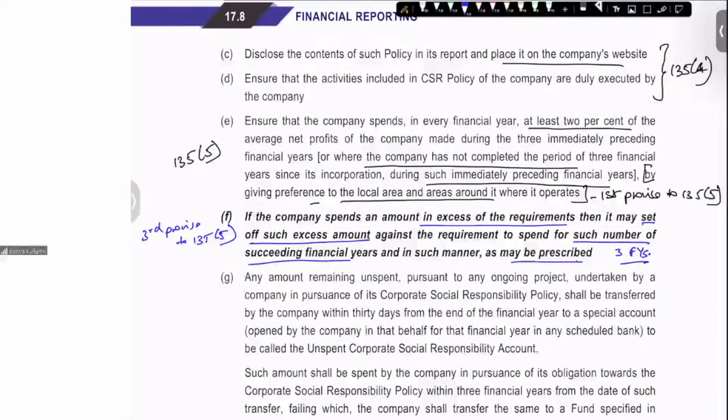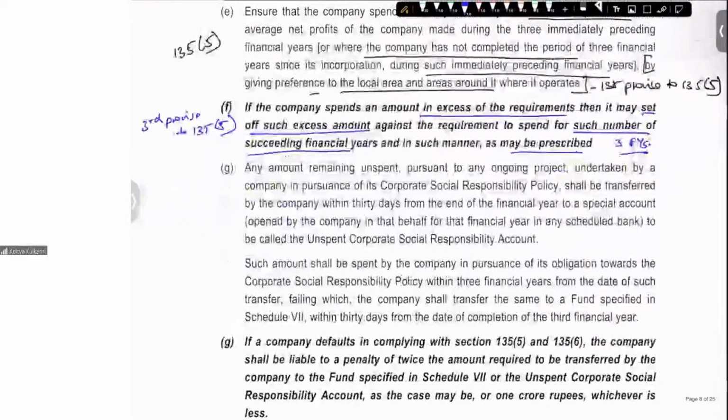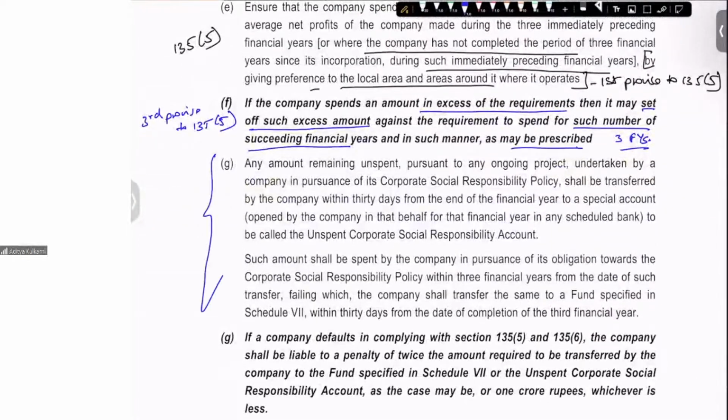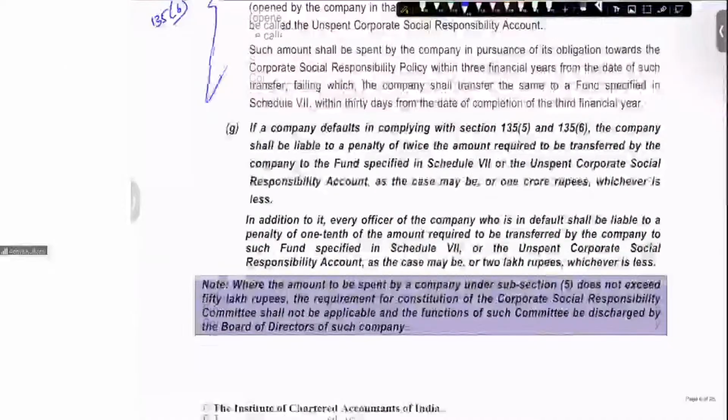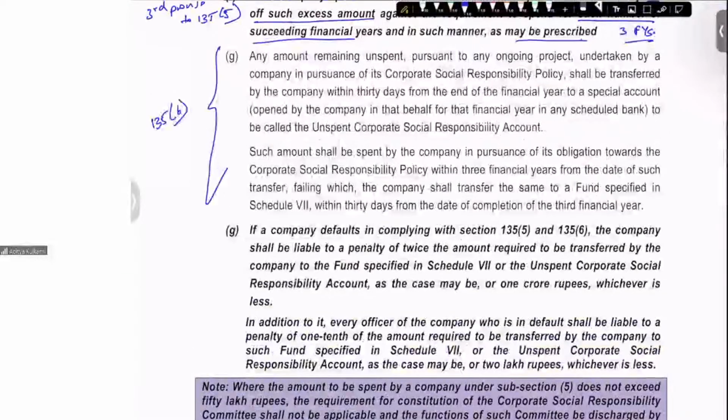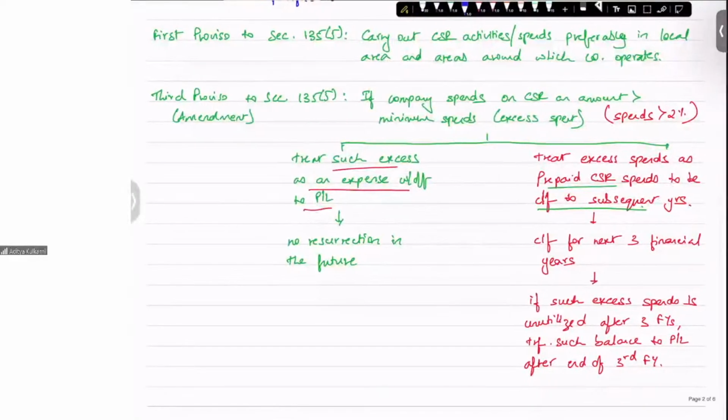The next one is 135(6). So now let us look at what 135(6) is with the help of an example.